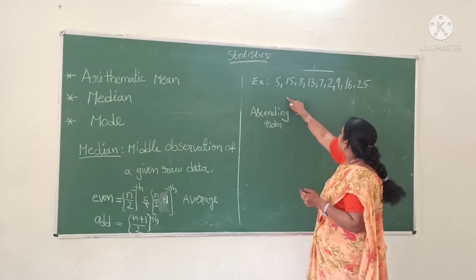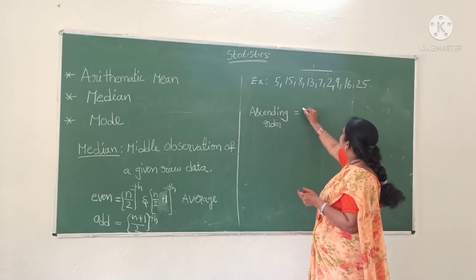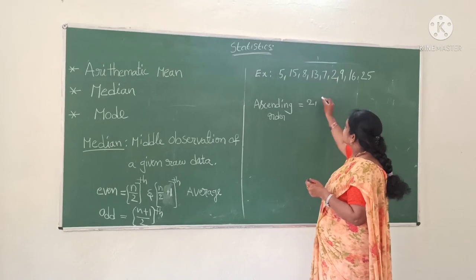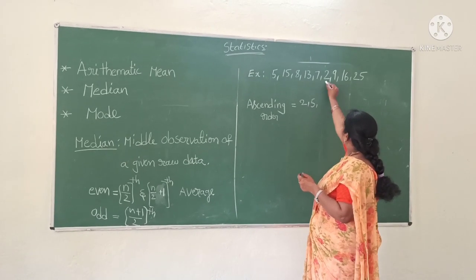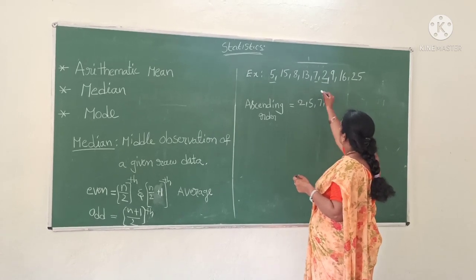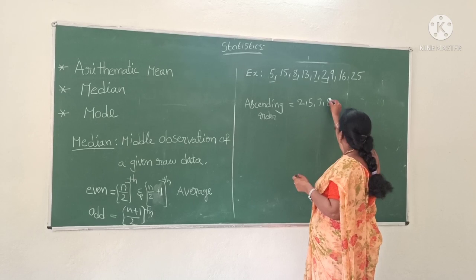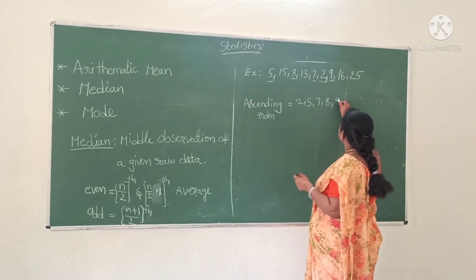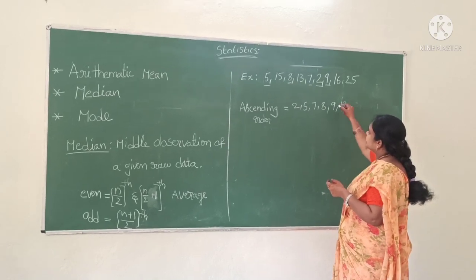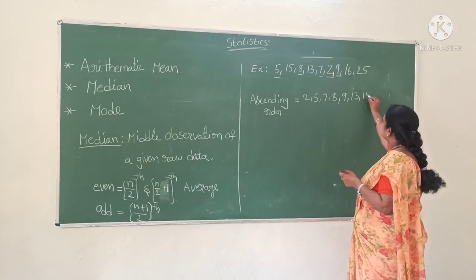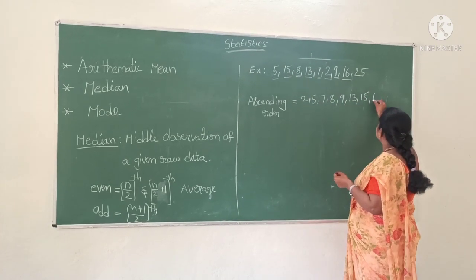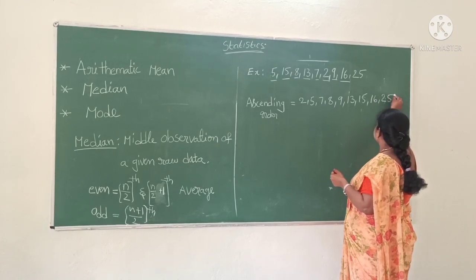What is the least number? Least number is 2. And what is the next least? 5. Next one is 7, next one is 8, next 9, next 13 and 15, then 16 and 25.